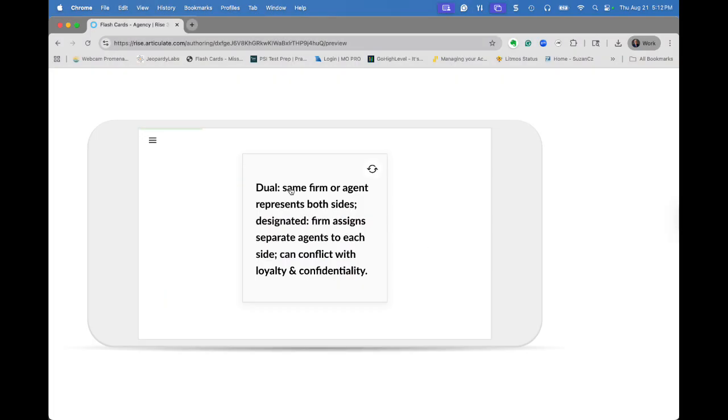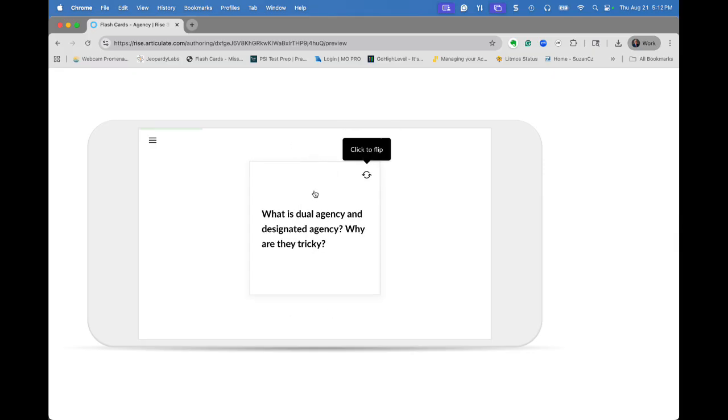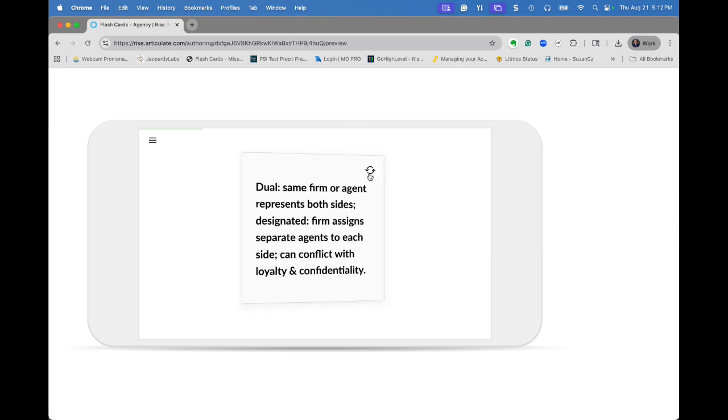So when we go back over here to this question for dual agency, and by the way, let's go back here. Why are they tricky? Well, dual agency, the same firm or agent represents both sides. You can't give out confidential information. But with a designated agency, the firms assign agents to each side, and it can conflict with loyalty and confidentiality.